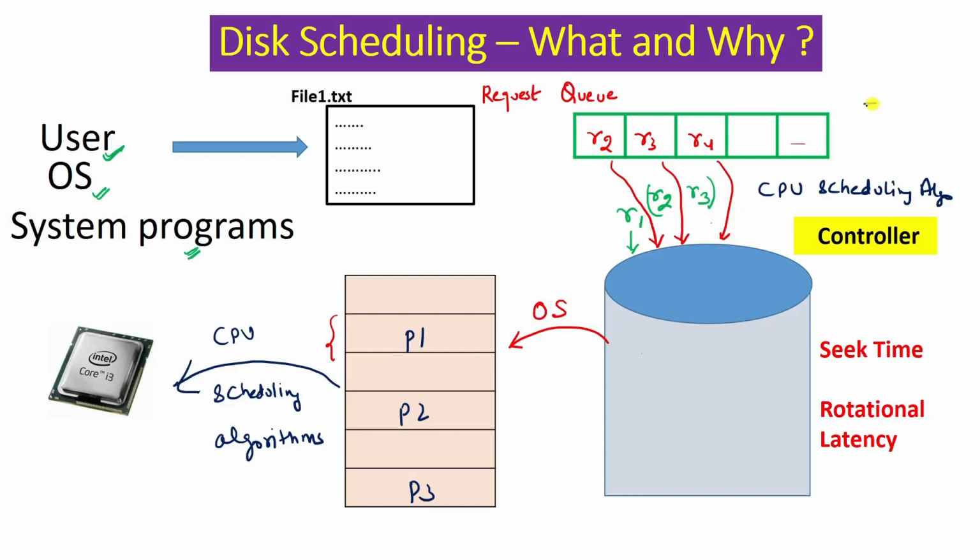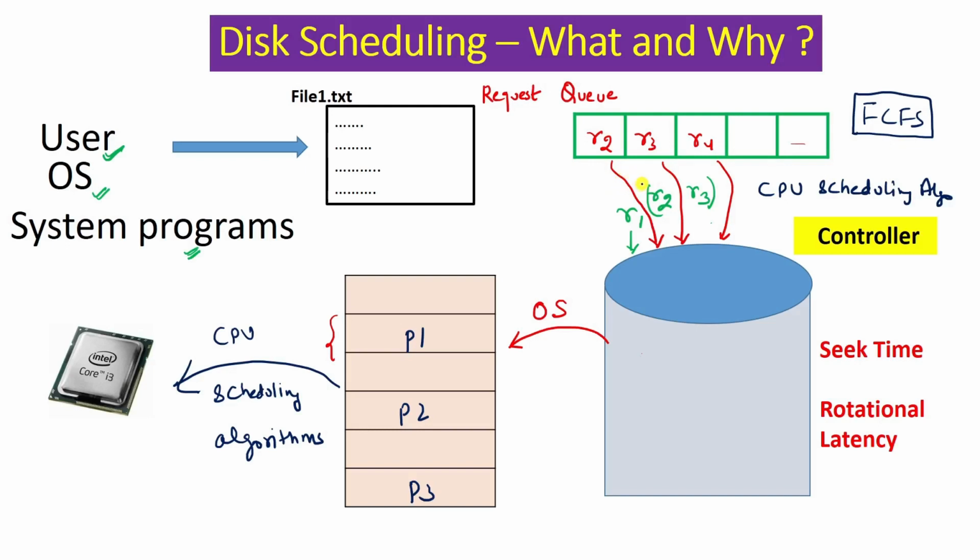That is first come first serve, right? In which order they are placed inside the queue, in the same order you take those requests to the hard disk. This is one way of scheduling the requests on the hard disk, first come first serve. But there are many other types of disk scheduling algorithms also.